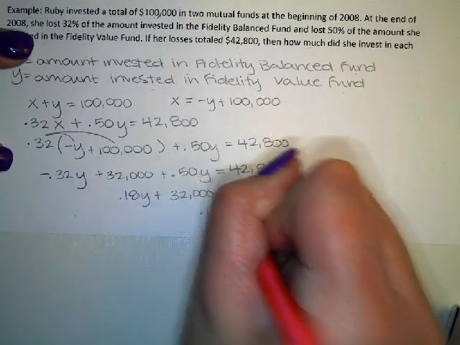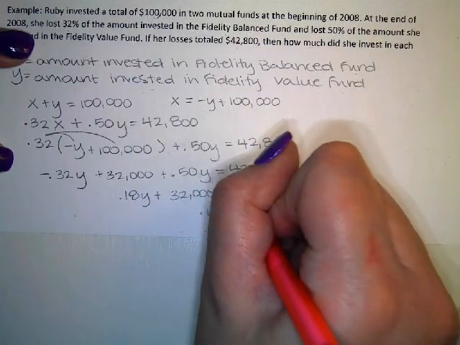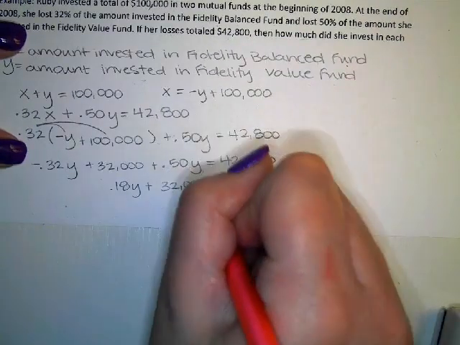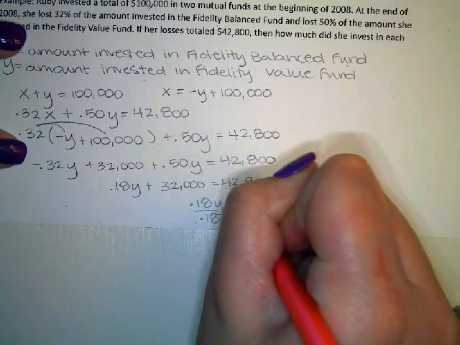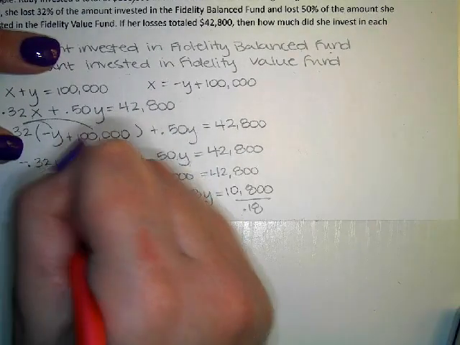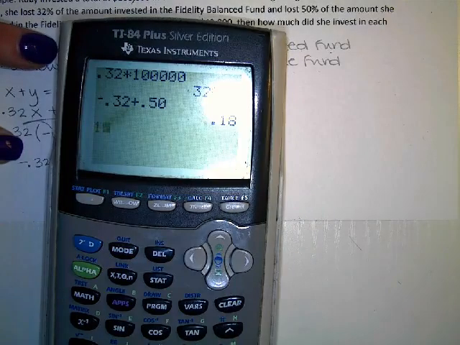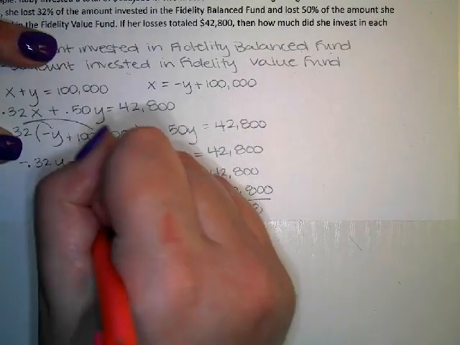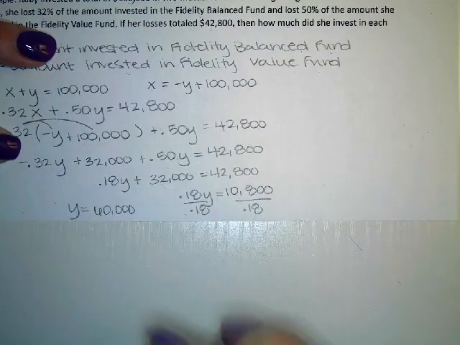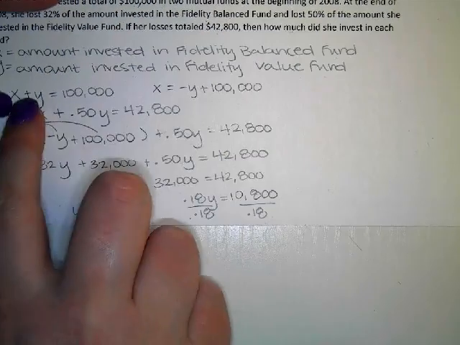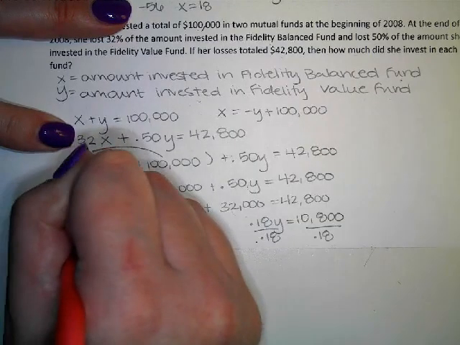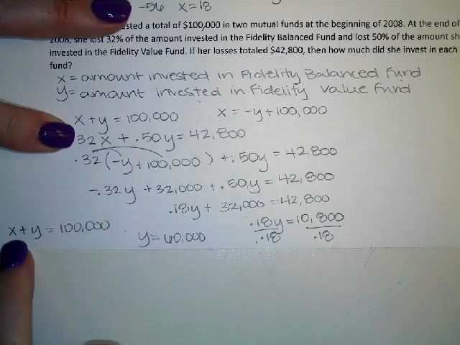And then I need to divide by 0.18. So that's 60,000. Okay, so if y is 60,000, I know that x plus y equals 100,000. And so if x plus y is 100,000 and y is 60,000, that means that x is 40,000.